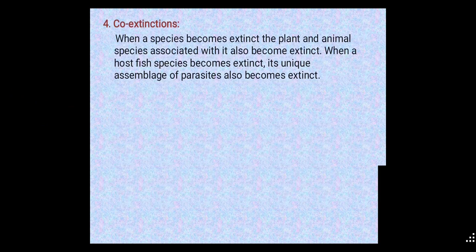For example, when a host fish species becomes extinct, its unique assemblage of parasites also becomes extinct. A host gives shelter to associated species. When one species goes extinct, the dependent organisms also go extinct.